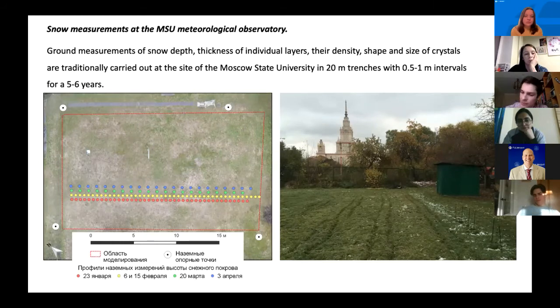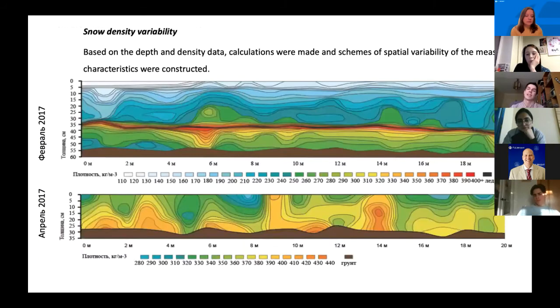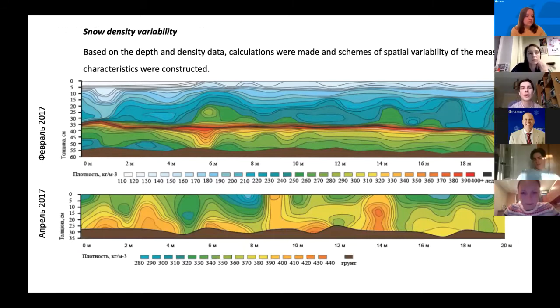And what we have is something like these schemes. These schemes are built based on depth and density data. Then we calculated the snow water equivalent and built those schemes of spatial variability of measured characteristics. Here you can see the variability of snow density within 20-meter profiles in February 2017 and April 2017.